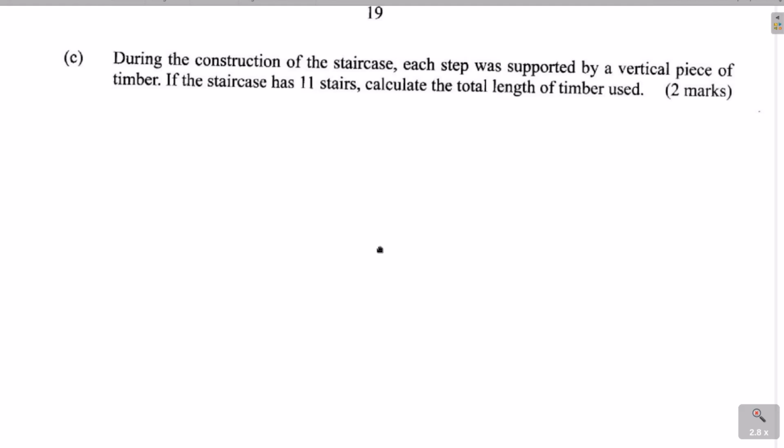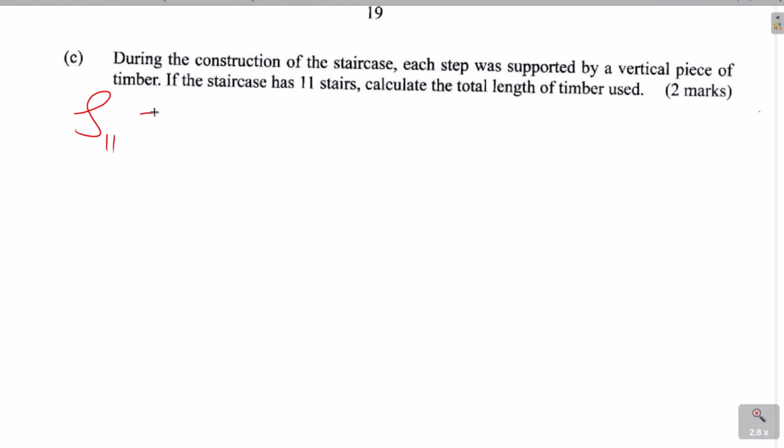We get the first height, we add the second height, the third height, the fourth height, and so on up to the 11 stairs. So in short, these will be the sum of 11 terms, and these terms are the height of each stair, so 11 of them. When you get the whole of that sum, that will give us the total length of this timber that is going to support all the 11 stairs.